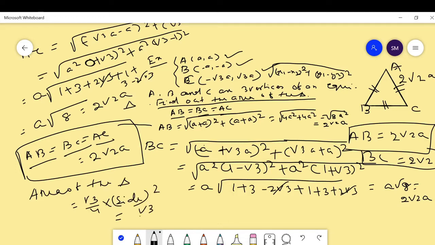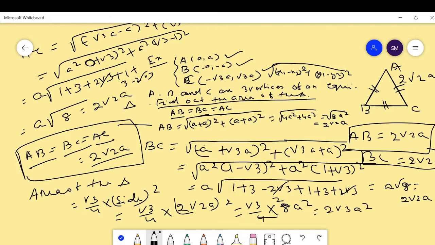Here, root 3 upon 4 into (2 root 2 a) whole square, which is equal to root 3 upon 4 into 8a square, the 4 cancels, which equals 2 root 3 a square. The area of the triangle is 2 root 3 a square, and all the sides are 2 root 2 a, so we can conclude that the given vertices are vertices of an equilateral triangle.